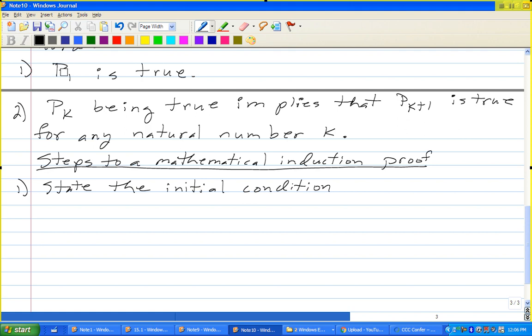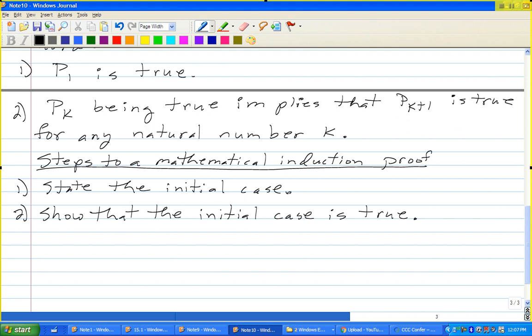Tell me what P_1 is. Two, show that the initial case is true.